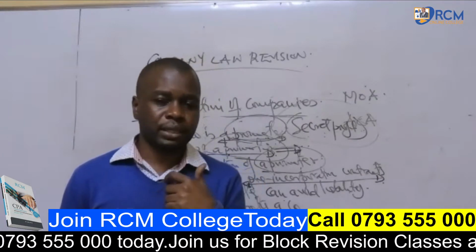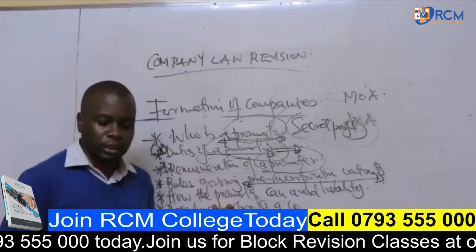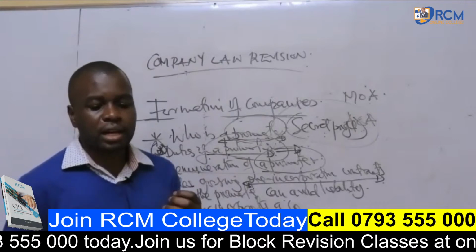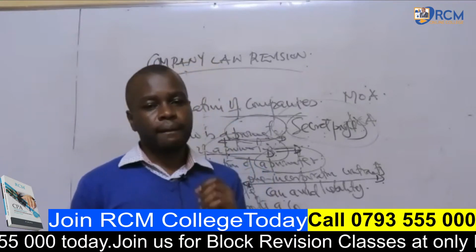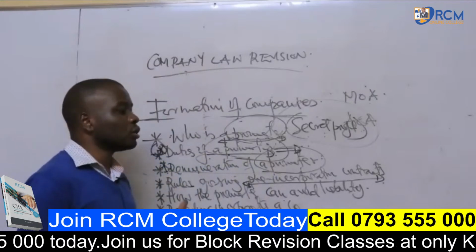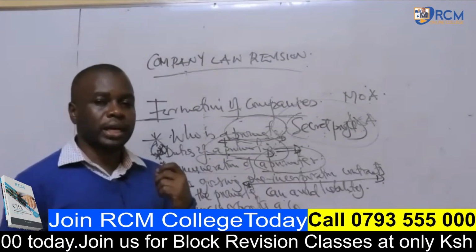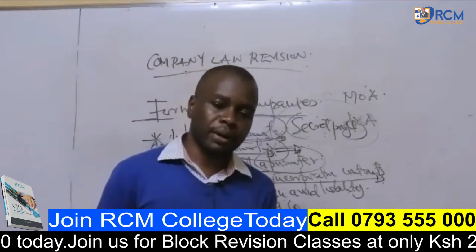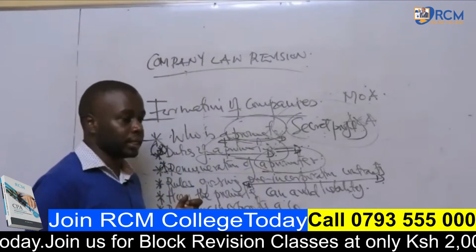In such a case, that promoter will be held personally liable, or any other person who purports to enter into a contract on behalf of the company. Any person who purports to enter into a contract on behalf of a company before it is incorporated will be held personally liable.